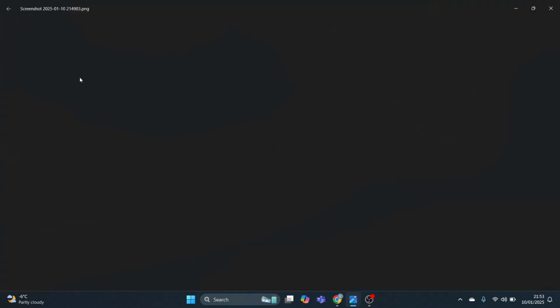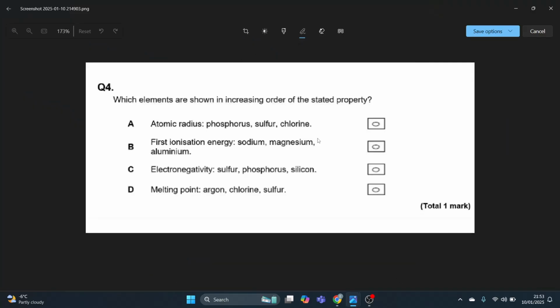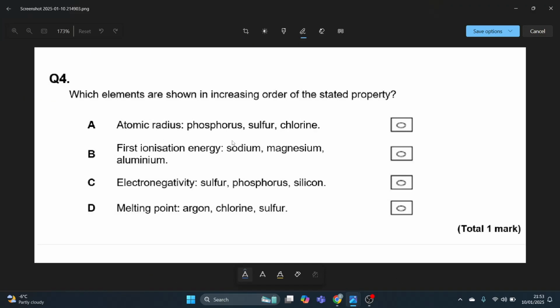Question 4: which elements are shown in increasing order of the stated property? Atomic radius: phosphorus P4, S8, and then Cl2. First ionization energy: sodium, magnesium, aluminium. Electronegativity: sulfur, phosphorus, silicon. Melting point: argon, chlorine, and sulfur.